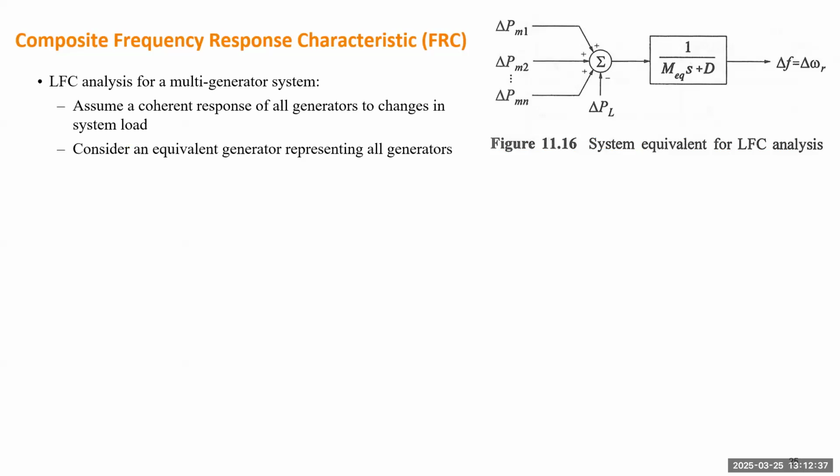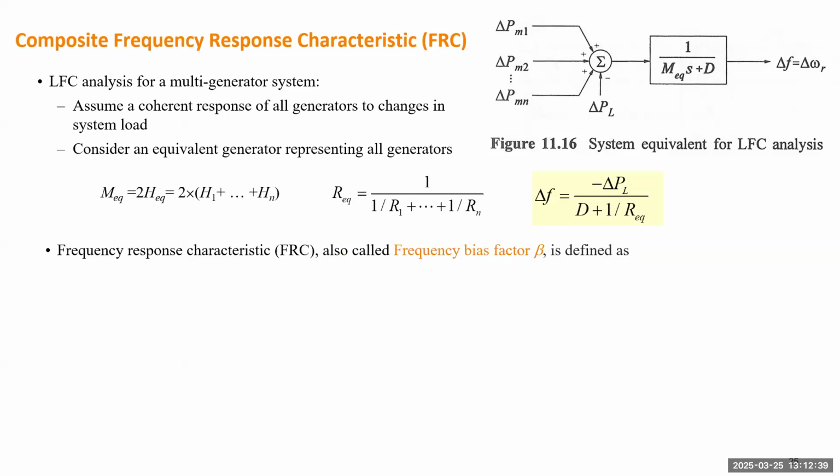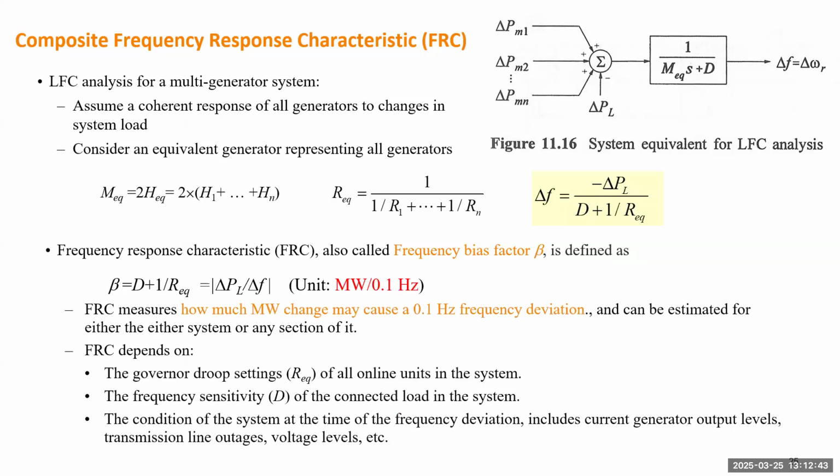Another slide is when we study the area with many units, we can always define the total inertia constant and the total droop control factor R. So the total inertia is a summation of all the inertia constants of units.